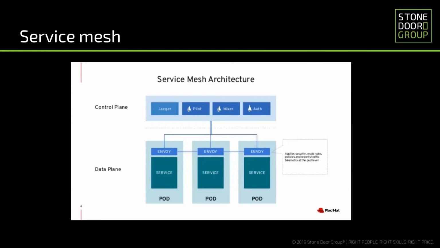So instead of trying to set up security for your app, from service to service, or trying to throttle traffic or route traffic and build all that stuff into your automation or into the application, just by having this Envoy sidecar container, it allows you to take care of all that.